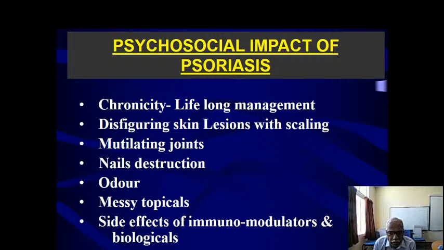A lot of metabolism takes place, or due to messy application of ointments. They all lead to psychological problems. And ultimately there will be involvement of joints, and some people we have seen cannot walk also. When they reach the final stage of arthritis, that is the mutilating stage, there is deformity of the joints, deviation of toes, and destruction of nails.